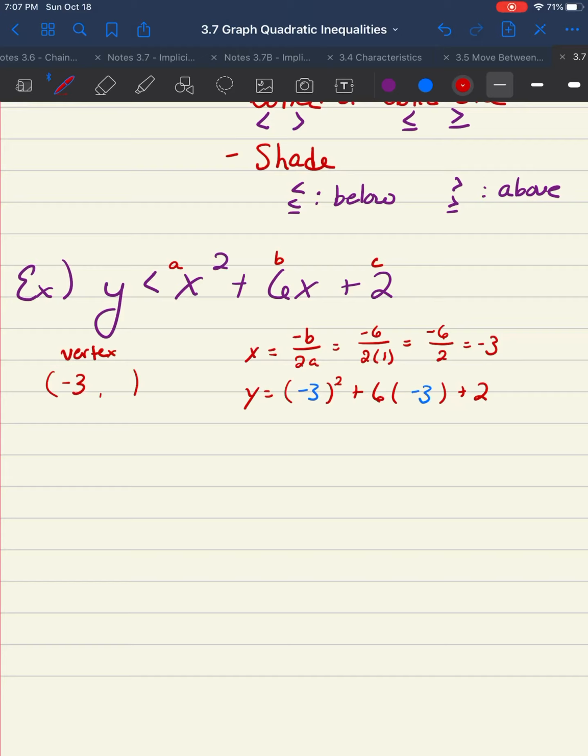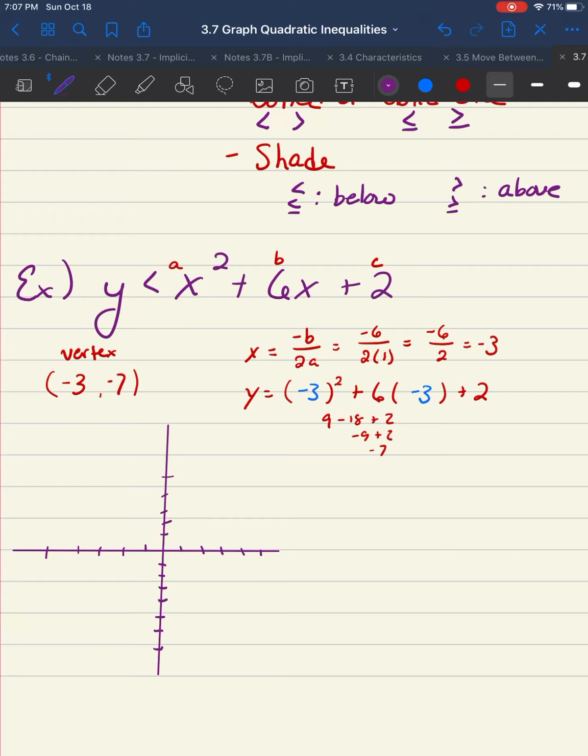Once I know my x value of my vertex, I can use that to find my y. I take every x and I replace it with what I found x to be. And then you could do one of two things. You can either work this out in your head, on a calculator, writing it out, however you so choose. I get negative 7.